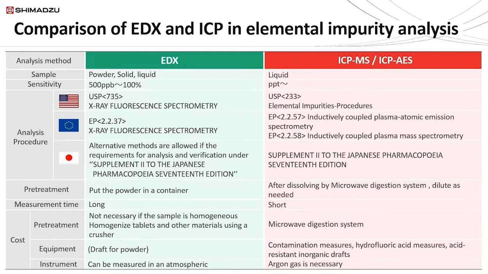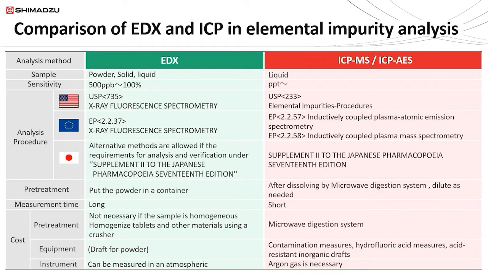So in EDX, a sample matrix can be a variety of materials. It could be a liquid, it could be a solid, or it could be a powder. In ICP-MS, oftentimes APIs are powders. And in order to measure the API in an ICP-MS, it needs to be converted into a clean, slightly acidified liquid. So for ICP-MS, you need to have a liquid to measure it.